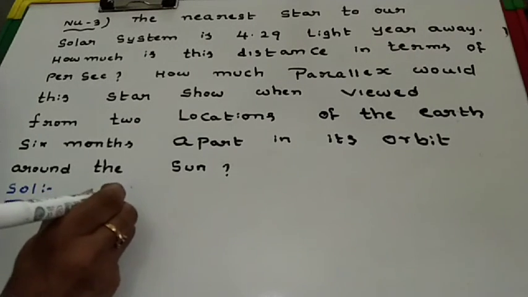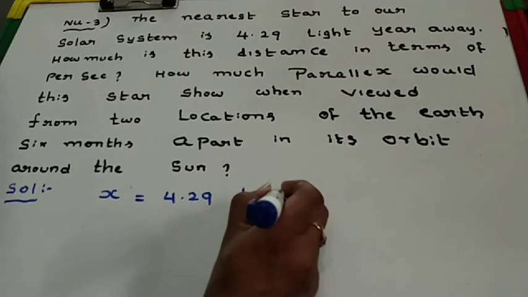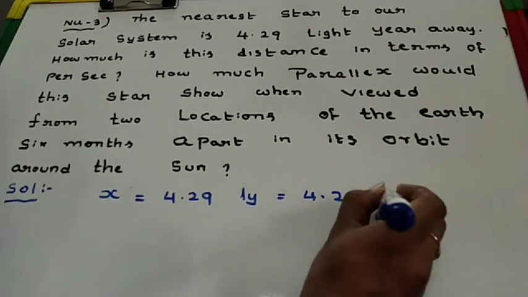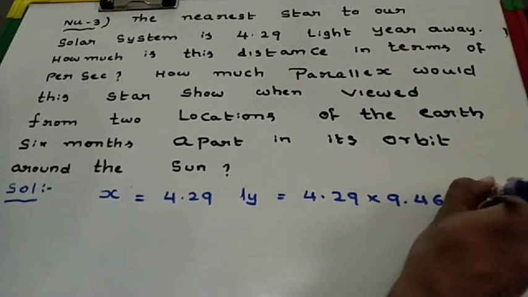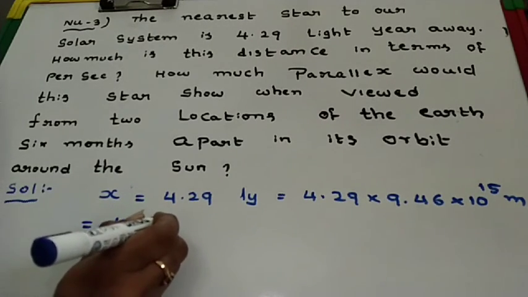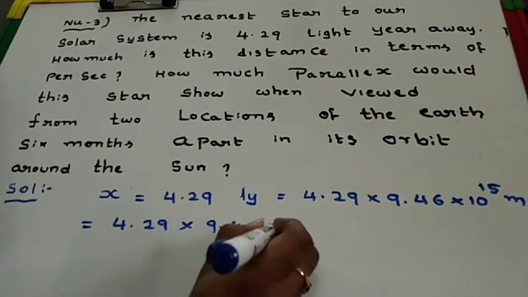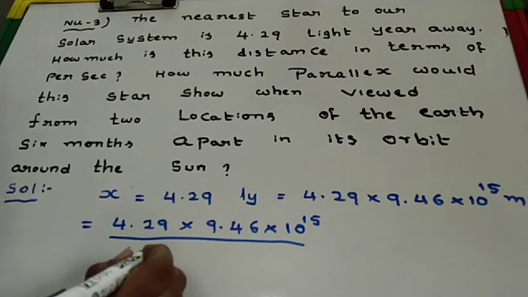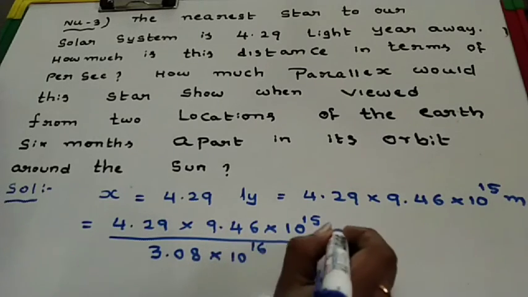Given x is equal to 4.29 light years, that is equal to 4.29 into 9.46 into 10 to the power of 15 meters, that is equal to 4.29 into 9.46 into 10 to the power of 15 whole by 3.08 into 10 to the power of 16 parsec.